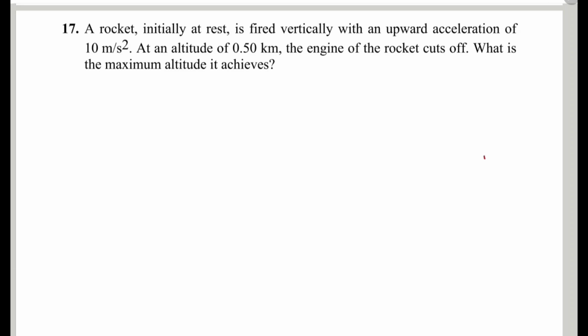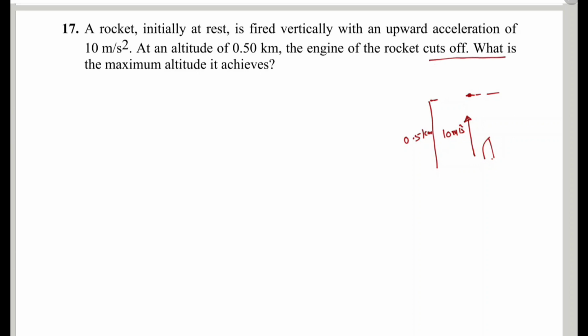Now we have a rocket here, fired upward in this direction with acceleration 10 meters per second squared, and it reaches 0.5 kilometers height. After that, the engine cuts off, which means the object is moving as a free falling object. Now the question is, what's the maximum altitude it achieves?